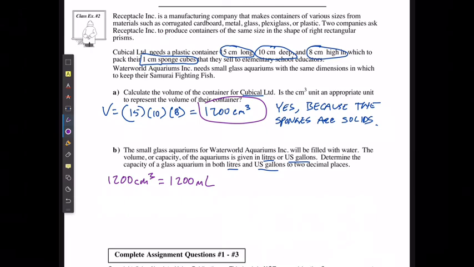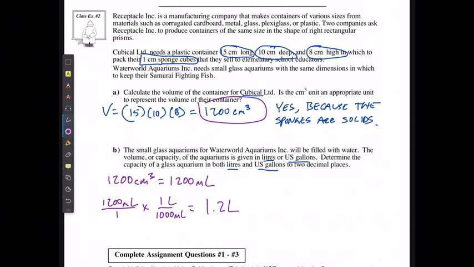Then I could say that 1,200 milliliters over 1 multiplied by 1 liter over 1,000 milliliters is 1.2 liters.